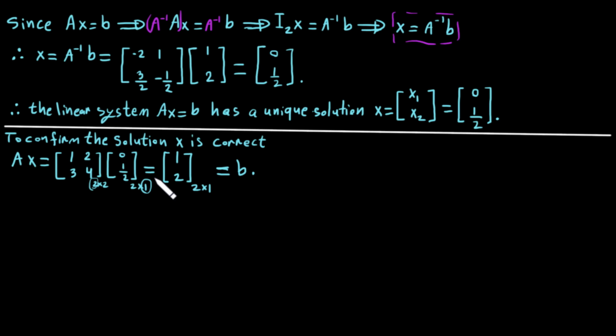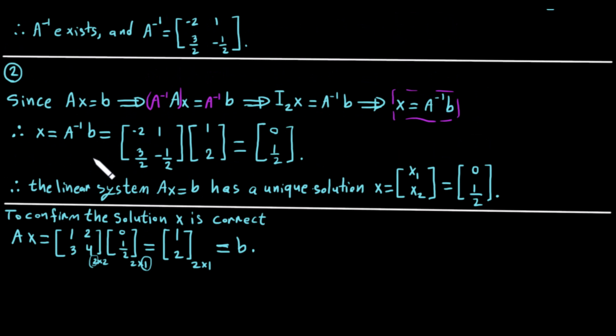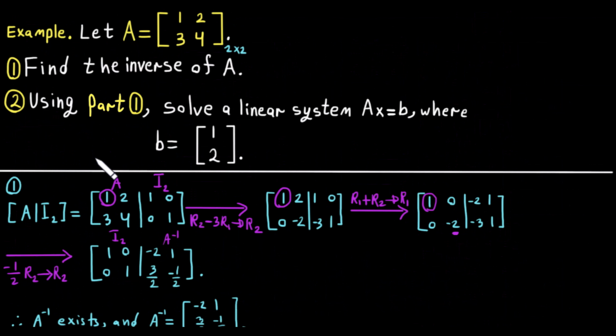For example, let's say you have two systems, AX equal B and AX equal C. So you have two systems and you want to solve them like this. We will confirm it in the future, and it's very beneficial to find the inverse of a matrix.